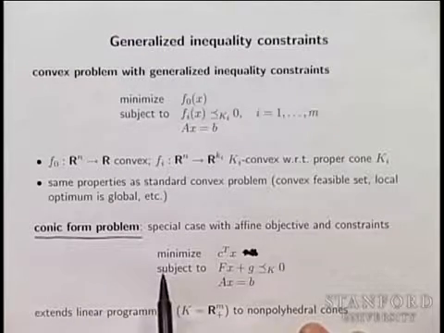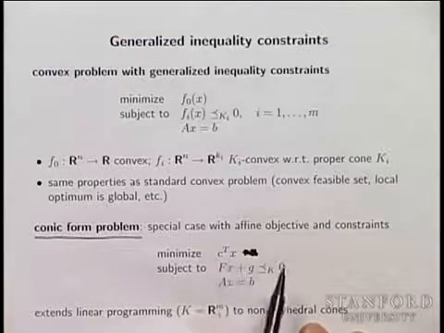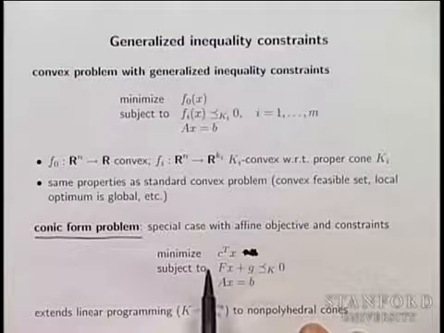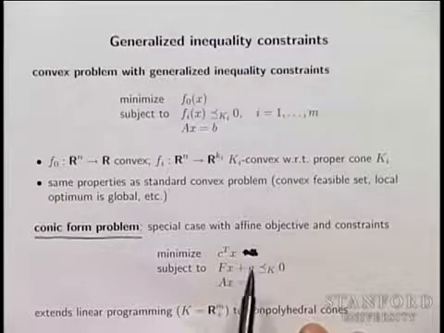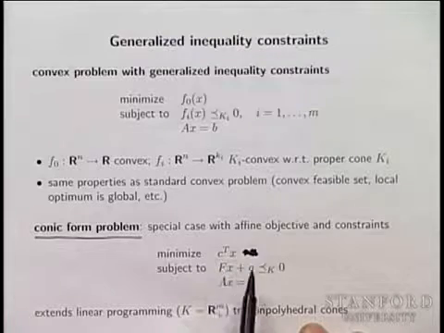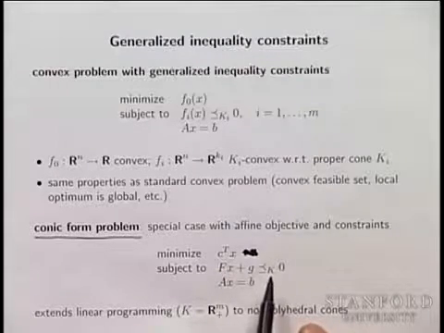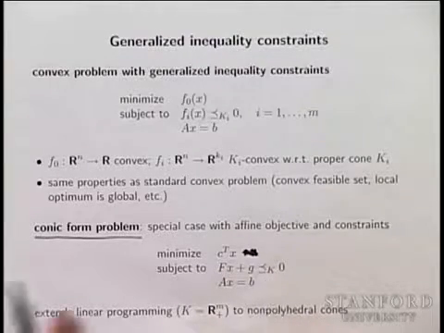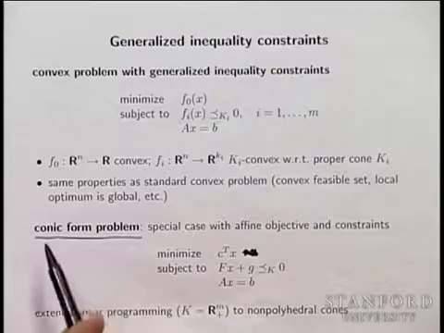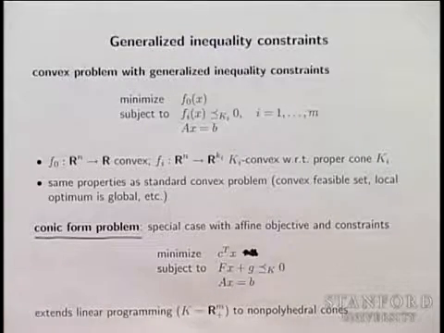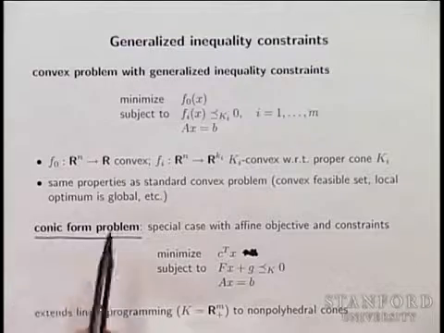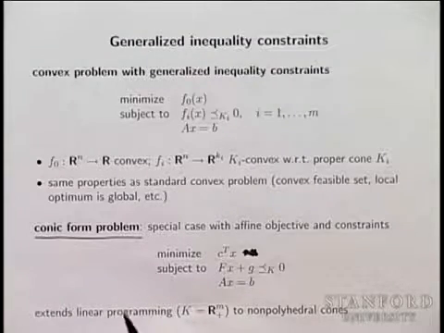It's clearly equivalent. And that's subject to, now this is a very, very interesting inequality. This is affine. And this just says that Fx plus g is less than or equal to 0 with respect to this cone. That's all. So this is called a conic problem, a cone problem, something like that. You can type this into Google, a cone problem, and you'll get tons of stuff.